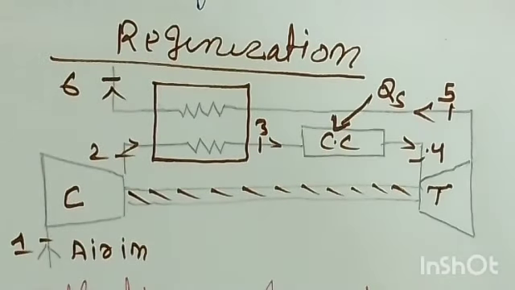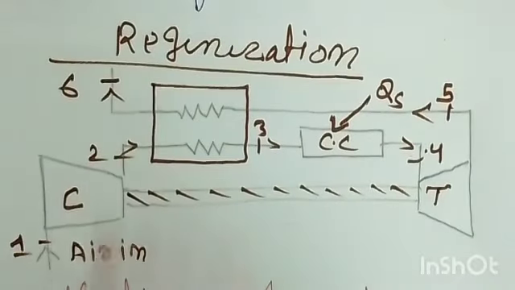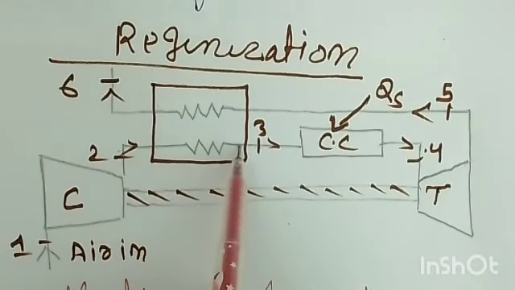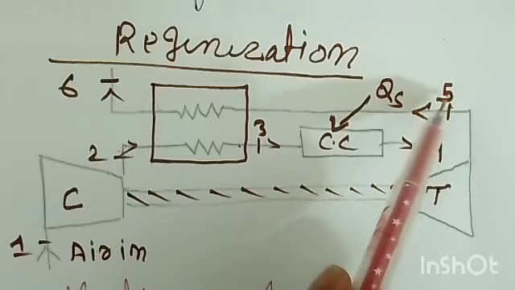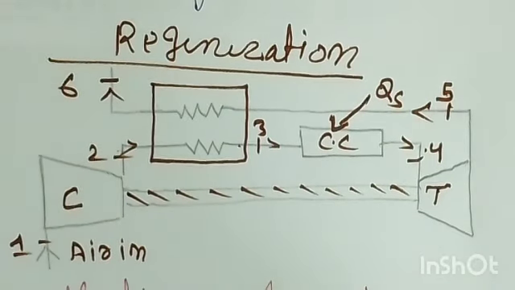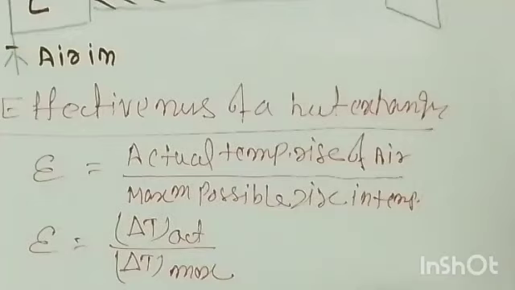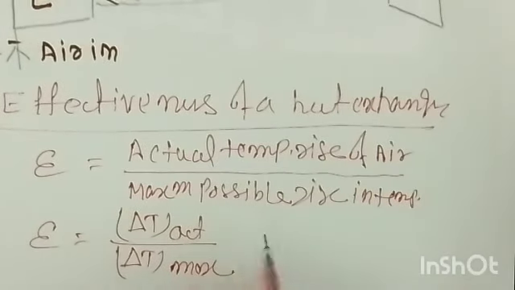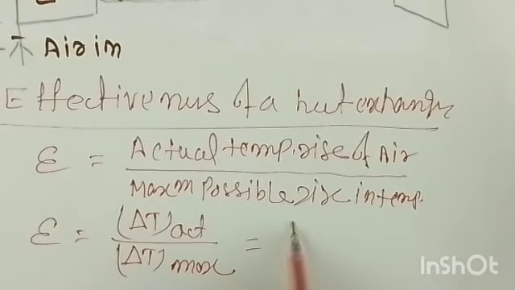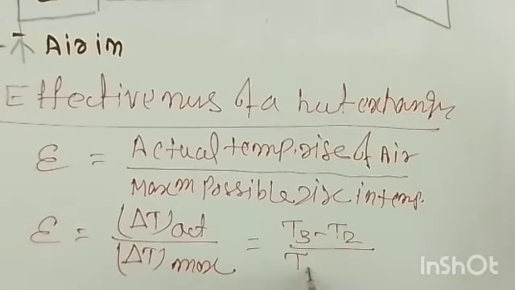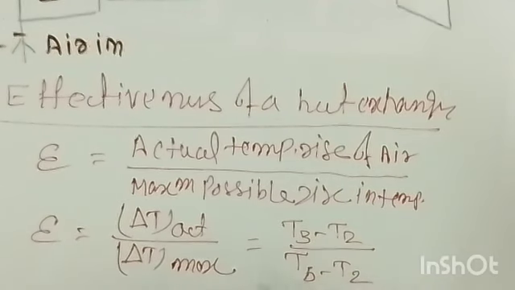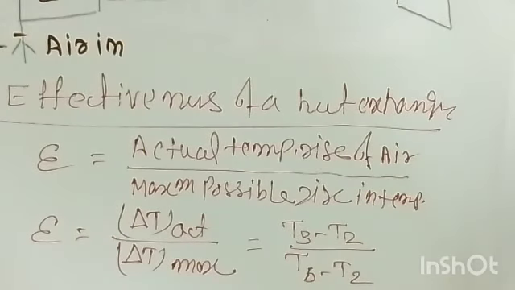Now if you look at this schematic diagram, delta T actual means the actual rise in temperature from 2 to 3, and the maximum possible is from T5 to T2, meaning the gas leaving the turbine and the air leaving the compressor. So you can write here itself that the effectiveness of a heat exchanger is equal to T3 minus T2 by T5 minus T2. Okay, so this is the effectiveness of a heat exchanger.